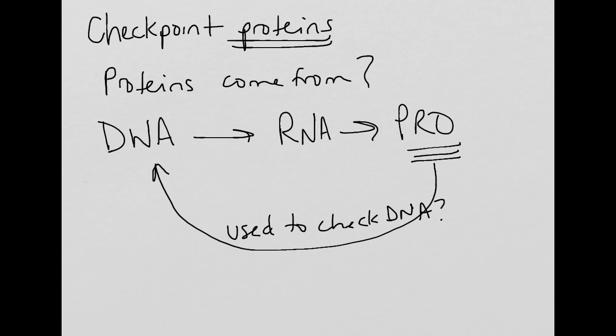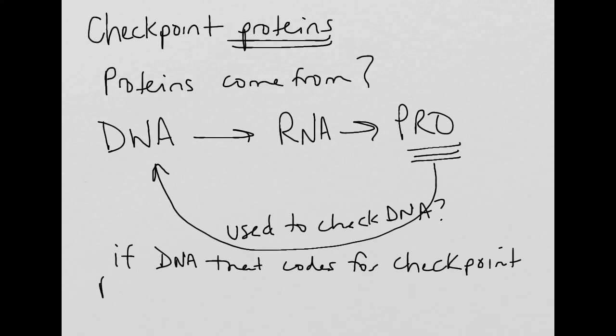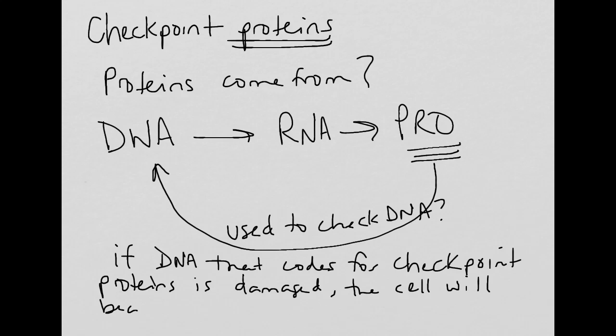If your DNA is damaged, if the DNA that codes for checkpoint proteins is damaged, the cell will be able to continue to replicate, and that will lead to not such good things.